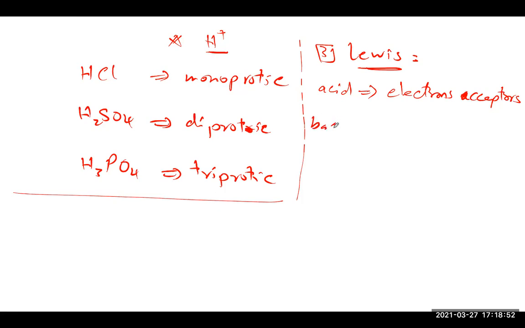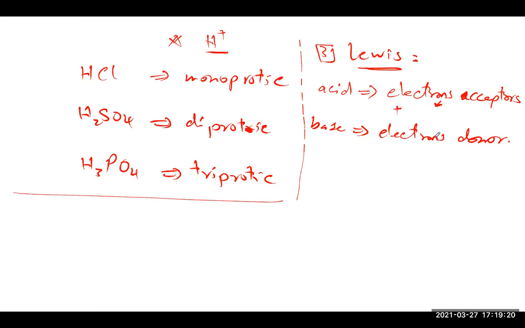And the base will be an electron donor. Here it is the opposite, because for Bronsted-Lowry the acid is the donor and the base is the acceptor. According to Lewis, we're talking about electrons, so the acid will be the acceptor and the base will be the donor.